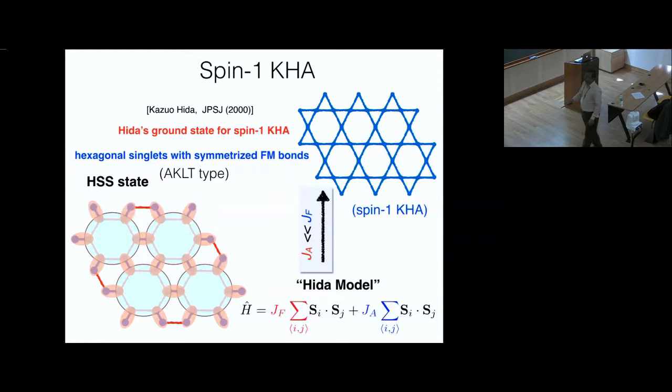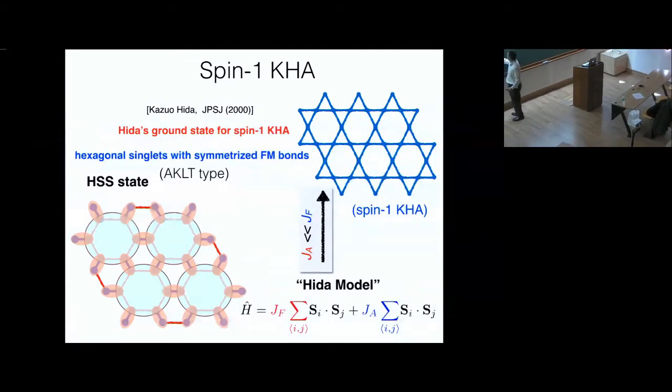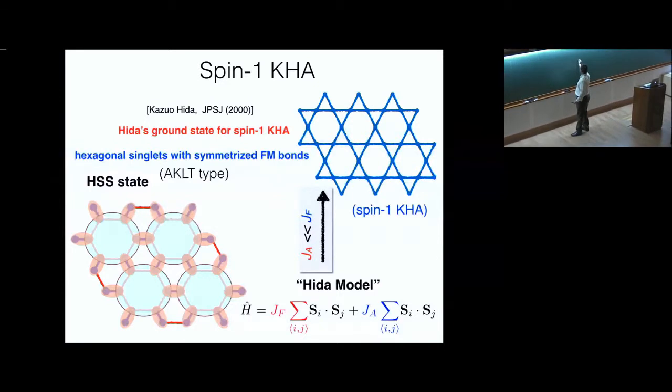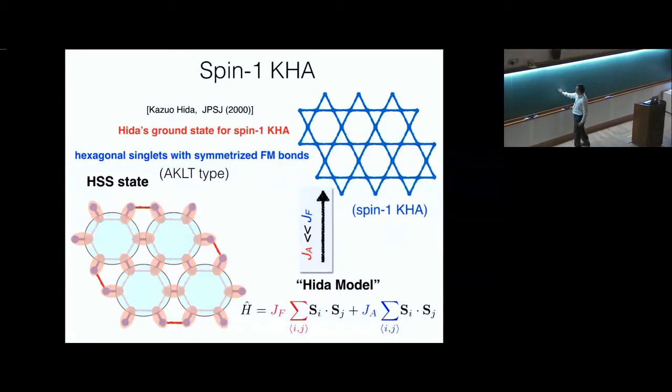And this is a procedure which is well known in quantum magnetism as an AKLT type construction. I don't have to go into the details of that. But basically, if you have, let us say, a spin-1 chain, then you can think of each spin-1 as 2 spin halves.